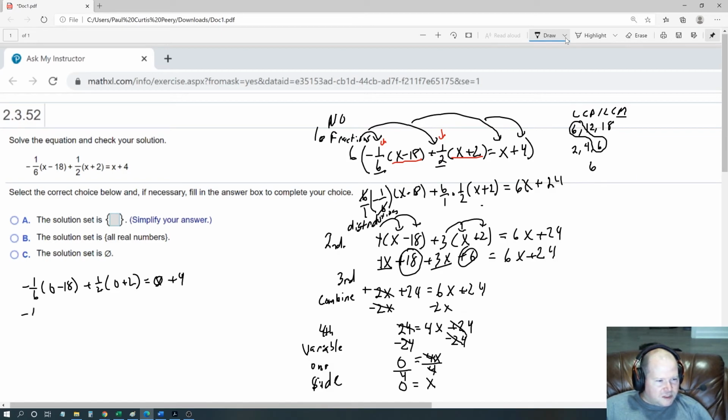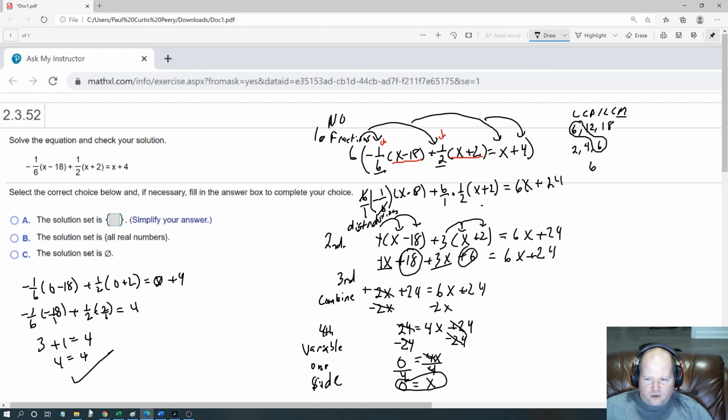So negative 1/6 times negative 18, a negative times a negative is a positive, and 18 divided by 6 is 3. Then 1/2 of 2, the 2's cancel out, leaving 1. And 3 plus 1 is in fact 4. So 4 is equal to 4. Check. The answer is x equals 0.